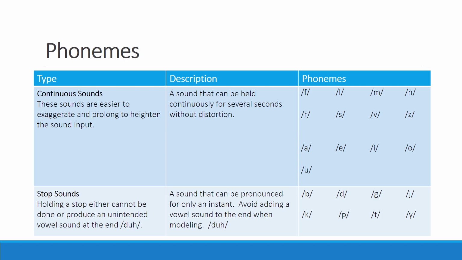Stop sounds are sounds that can only be produced for an instant. It is hard to hold them. Be careful not to add an unintended vowel sound when producing stop sounds, which often happens when trying to hold them. B and t are examples of stop sounds. H and w are not stop sounds, but are challenging to articulate without distorting the sound.